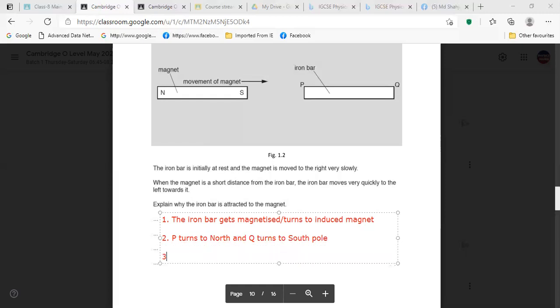Third point, unlike poles get attracted.